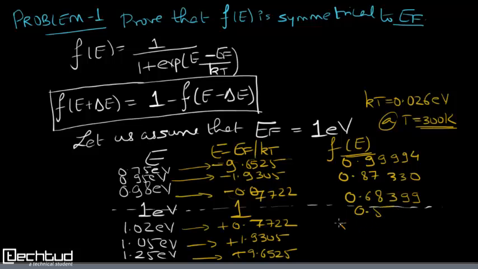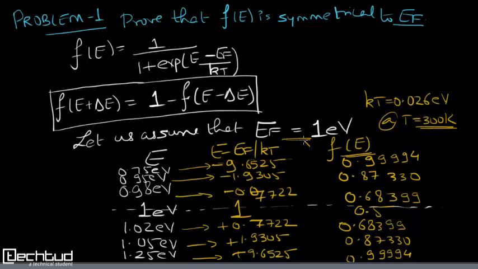When you substitute on the other side, you will get the corresponding values, 0.68399, 0.87320. You can see the probability of finding an electron at 1.25 electron volt with EF at 1 is more here. You can see the probability of finding an electron at energy level E is symmetrical with respect to EF. So this problem makes you understand the theoretical concept.